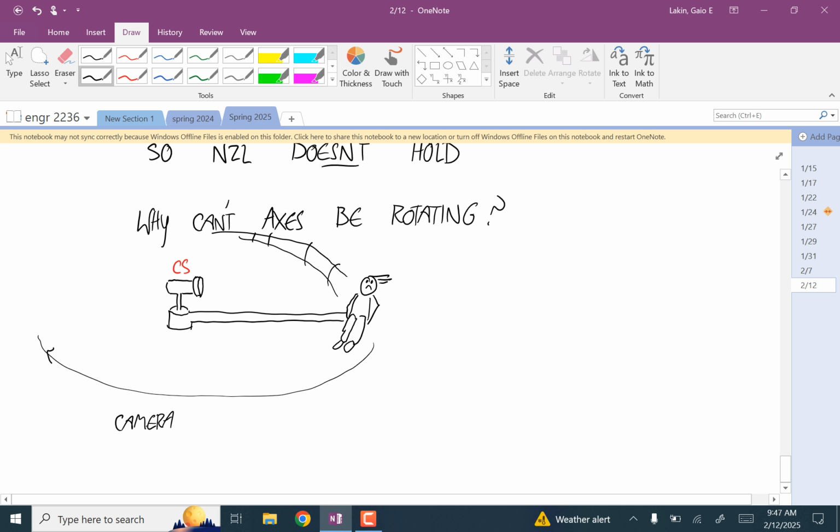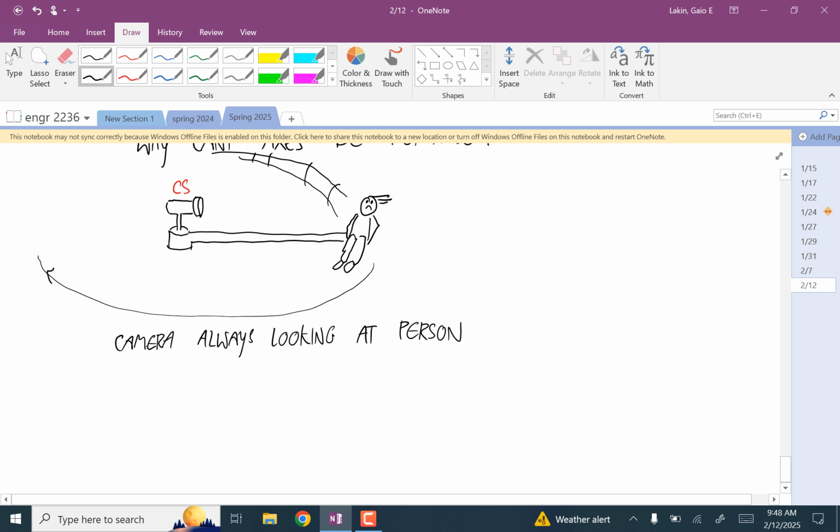And so the camera is just always looking at the person. And say there are force sensors in the chair. Well, as this gets faster and faster, the net force measured in the chair gets bigger and bigger. That's a centripetal force.